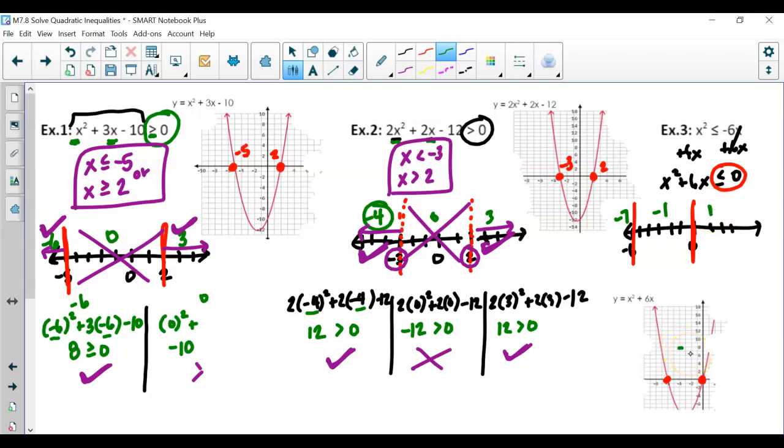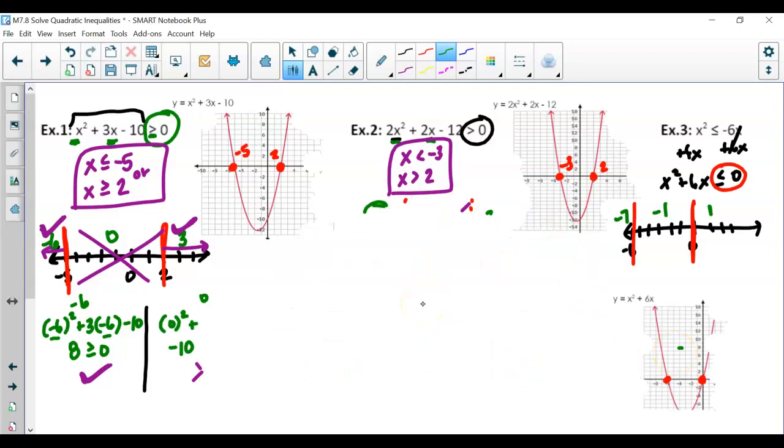So here we go. Because I have my graph here, I'll go ahead and erase and do the work here. So we are again going to simplify where it's equal to 0. So where x is, plug in negative 7. So negative 7 squared plus 6 times negative 7.